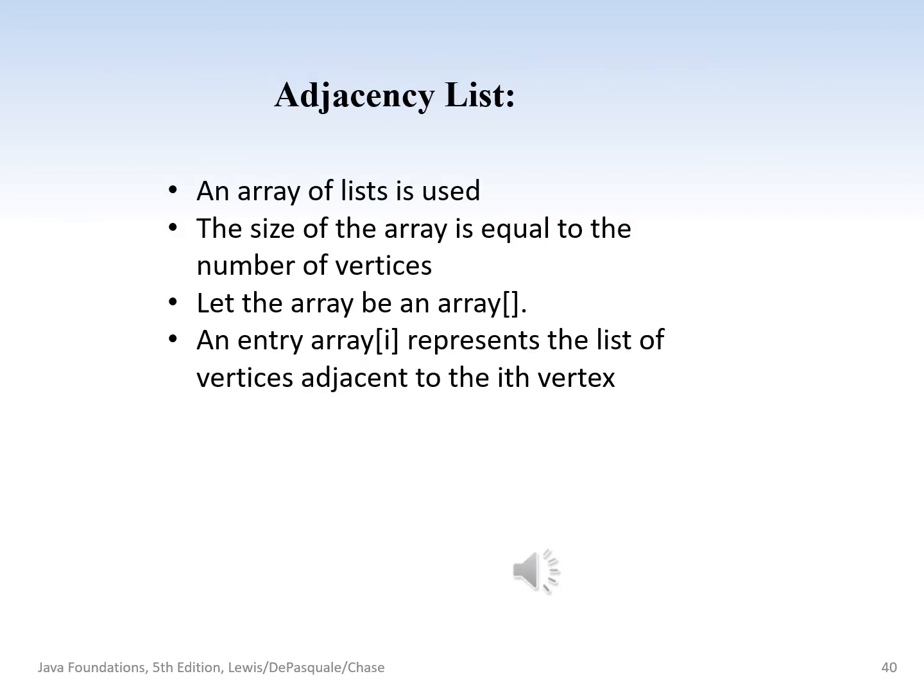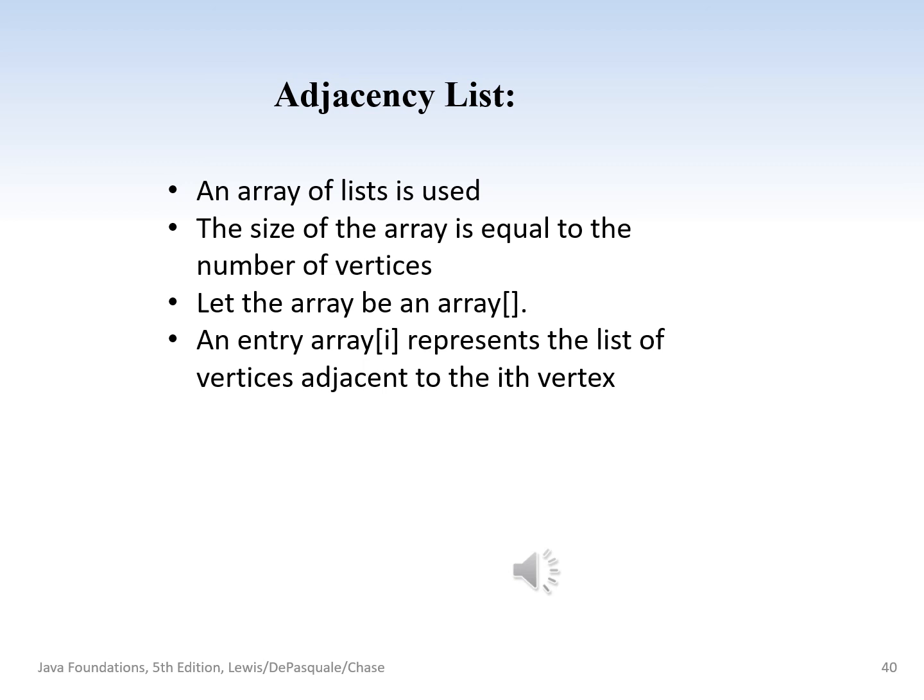So for an adjacency list, we implement it with an array of lists. And the size of the array is equal to the number of vertices. So let the array be called array.